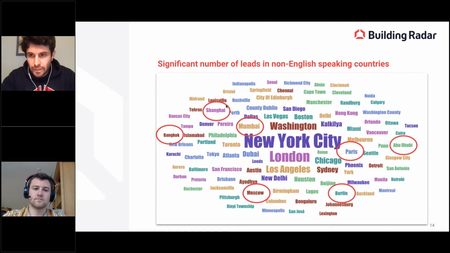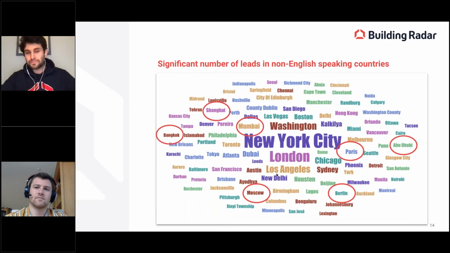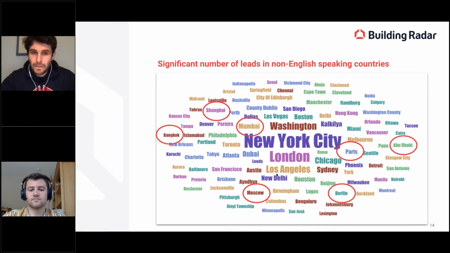And this is why, as you prominently see here, Abu Dhabi, Berlin, Paris, Moscow, Bangkok, these non-English-speaking countries or cities are also covered by English-speaking leads.